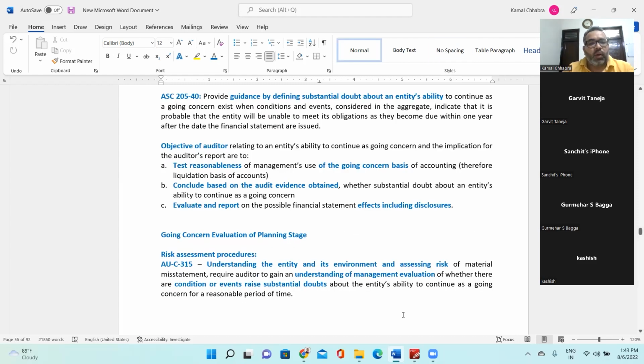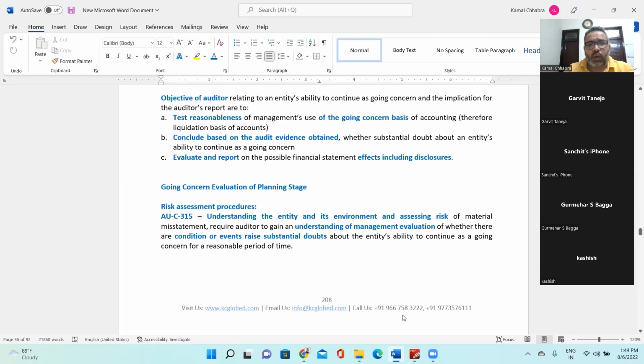Right? The objectives of the auditor relating to the entity's ability to continue as a going concern and the implication for the auditor's report are: first, test the reasonableness of the management's use of the going concern basis of accounting.